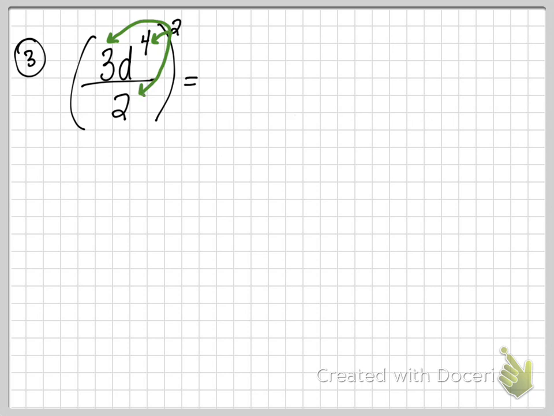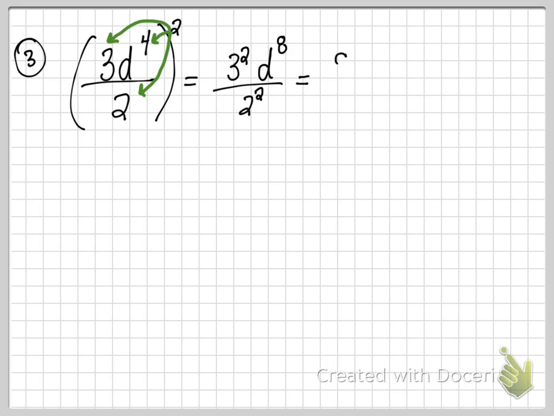So we end up with 3 squared, and then d to the fourth times 2. We multiply the exponents because it's a power of a power. So d to the 8th over 2 squared.